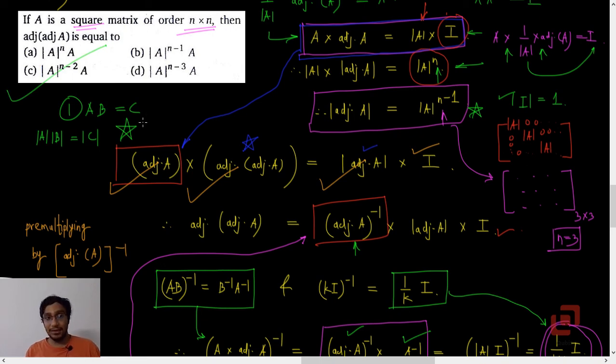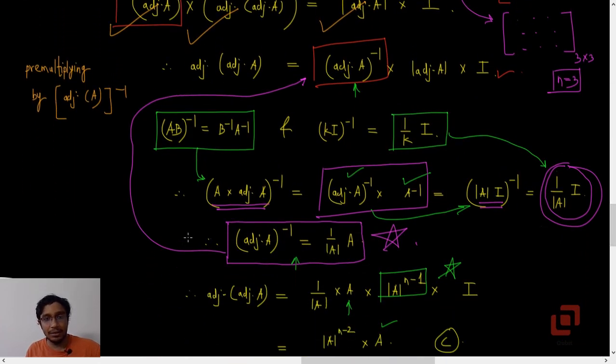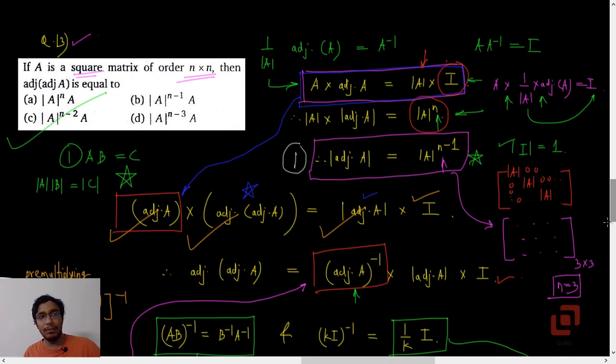Now, this question primarily consists of 3 parts. First, establishing the determinant of adjoint. Second, establishing the inverse of the adjoint. And step 3, putting everything in the expression for adjoint of adjoint A. In my opinion, you should go through this explanation once again.